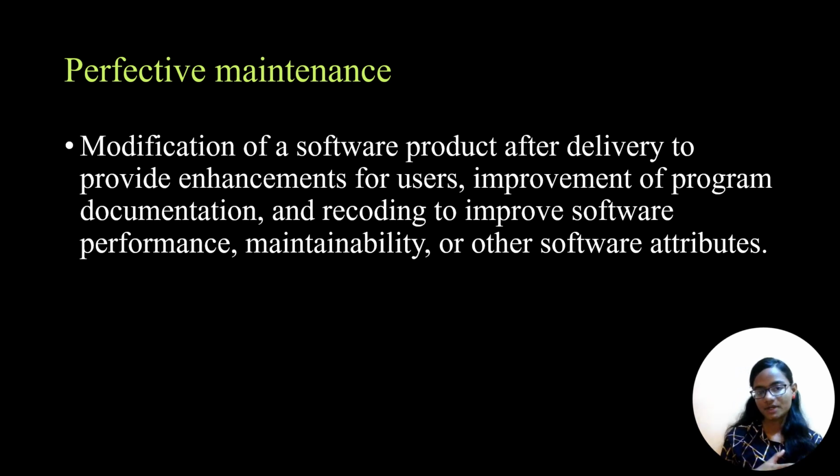This is when perfective software maintenance comes into play. Perfective software maintenance aims to adjust the software by adding new features that are necessary, or it may remove features that are irrelevant or not efficient in the given software. This process keeps the software relevant as the market and user needs change.